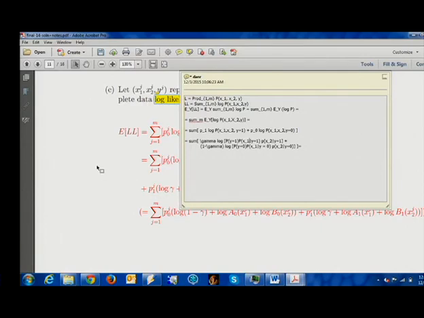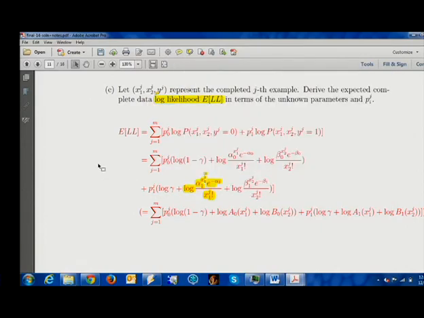And I think at this point we can join what's written here, which is just that. So again, I have the sum over all the examples, this component, and then inside I have the expectation, which is P times the log of the random variables, P0 and P1. And now we can substitute the Poisson distribution. So again, what do I have to do? I have P0 is here, just like here.